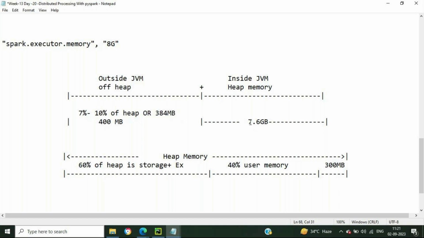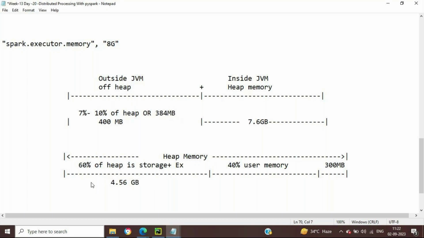If we are going to calculate 60% of heap, that is around 7.6, and 60% will be 4.56, 4.56 GB, that is given to storage plus execution.